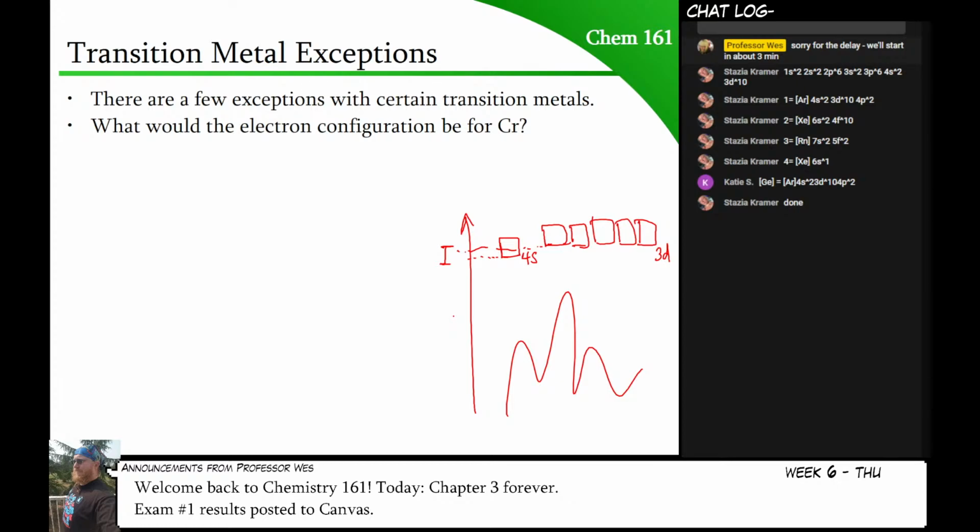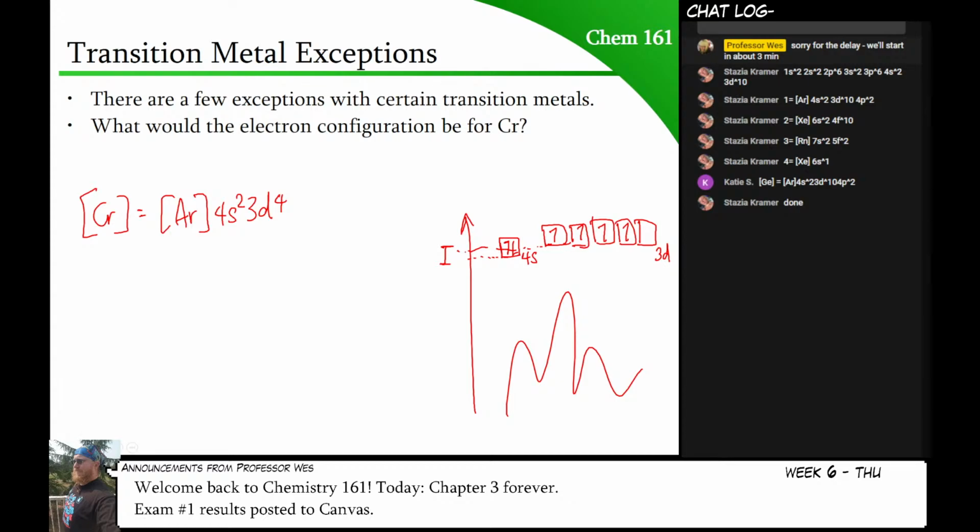So for instance, if I look at 4s and 3d in chromium, you would write this out for chromium and think, oh, okay, I'm going to get argon 4s2, 3d4. And what that would look like is this: 1, 2, 1, 2, 3, 4.